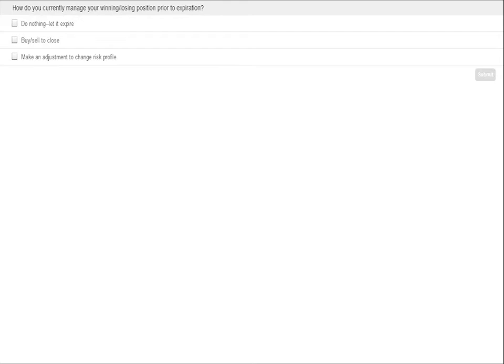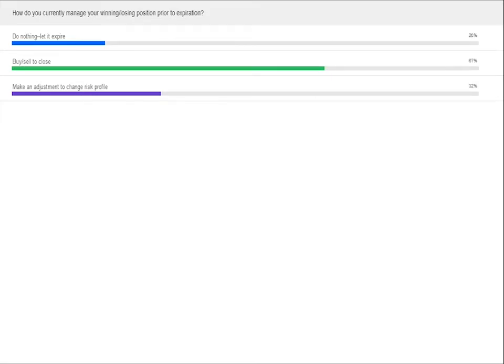If you're opening an options trade and immediately looking for a profit target on the upside or cutting your losses on the downside, then you're almost by default choosing to buy, sell to close, and exit the trade. So by default, you're making one of these three decisions at all times, and the results are coming in quite quickly, so we'll go ahead and put those on the board. Very interesting here. Buy, sell to close comes in as the winner, which is no surprise. Most options trades are exited and closed before expiration.